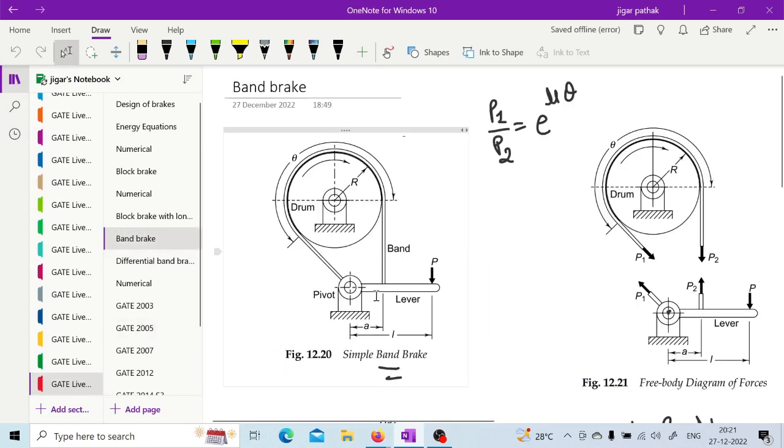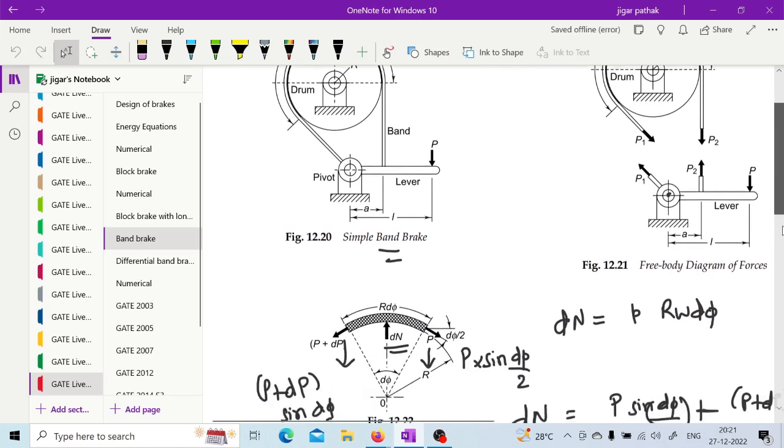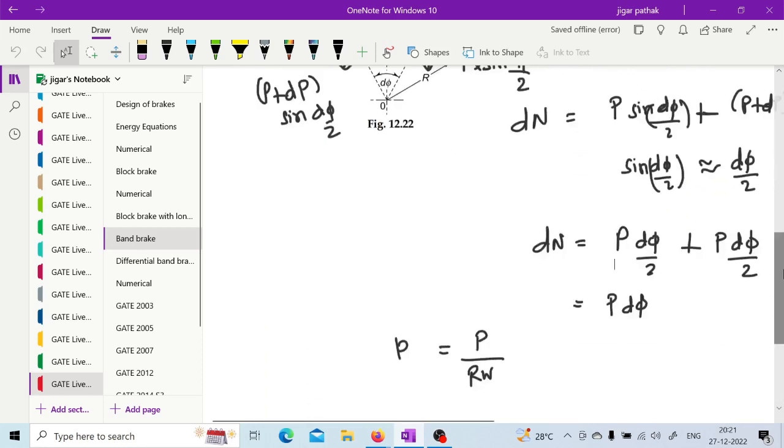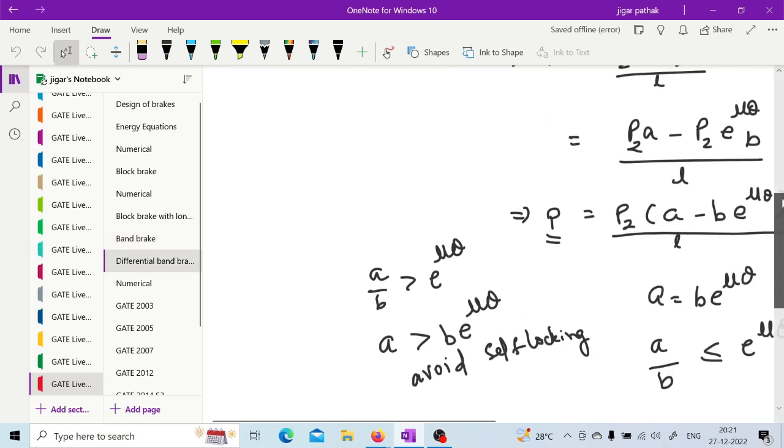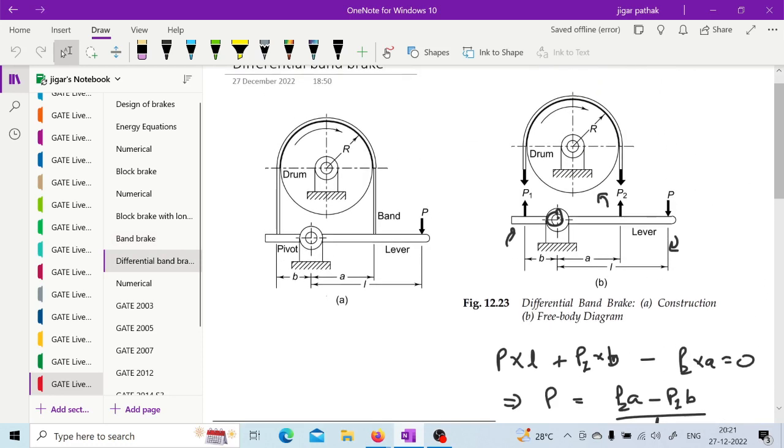Okay, for this, then this particular distance and this differential band brake. As you can see now, here the tight side is given as this A and the slack side is given as B, correct?